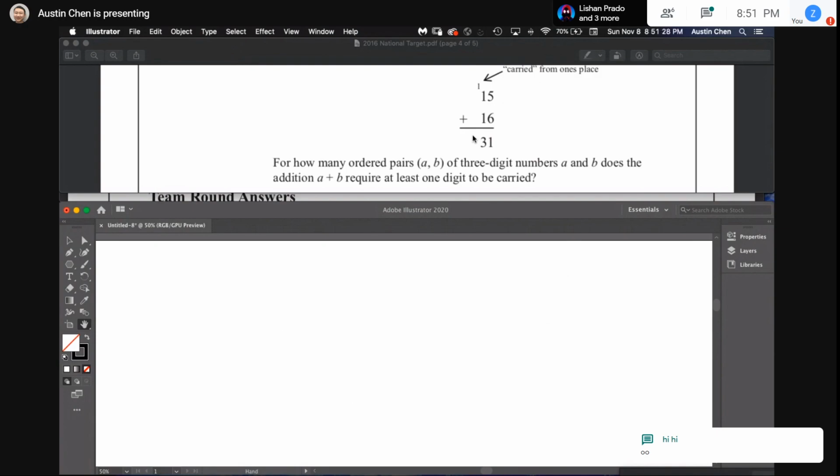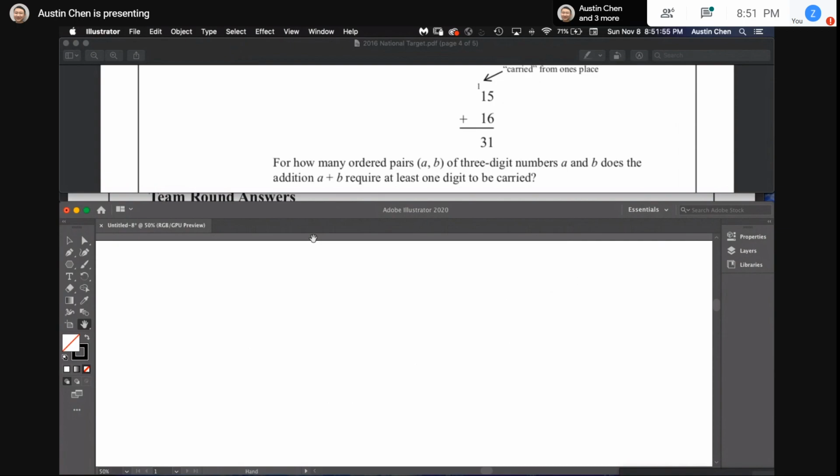Okay, interesting. So we have an ordered pair of 3-digit numbers, and we want it so that when you add those two 3-digit numbers, at least one digit will be carried. A better way to do this rather than counting the at least one digit to be carried is counting the no digits to be carried, right?